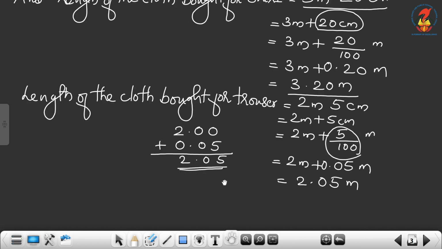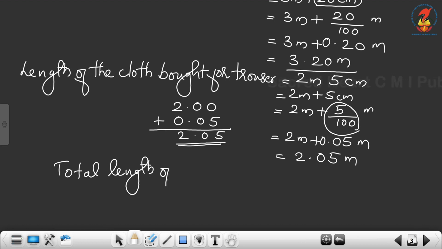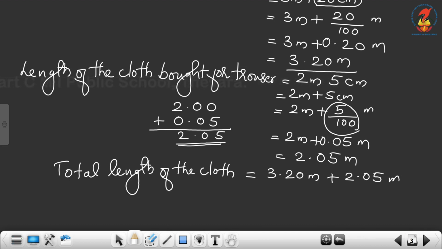Now we have to find out the total length of the cloth. So total length of the cloth is equal to 3.20 meters plus 2.05 meters.